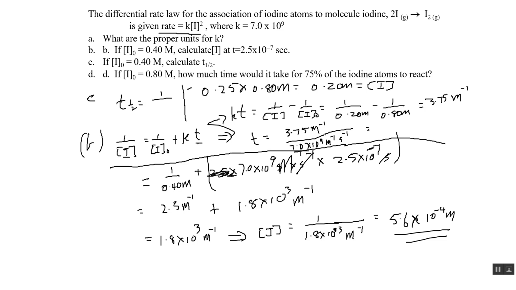And let's see what that gives. So divided by 7.9 times 10 to the 9. Okay, so according to my calculation, this works out to be equal to 4.7 times 10 to the minus 10.